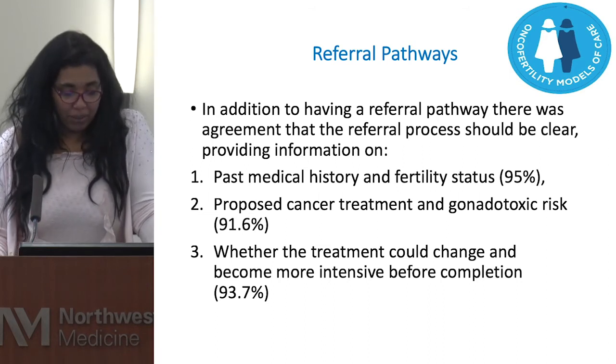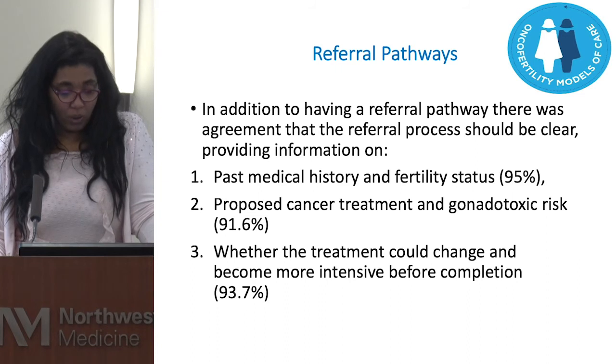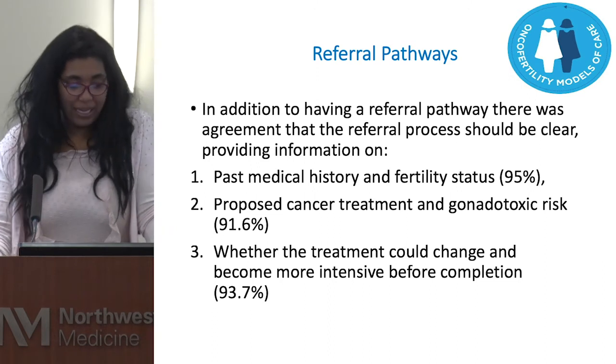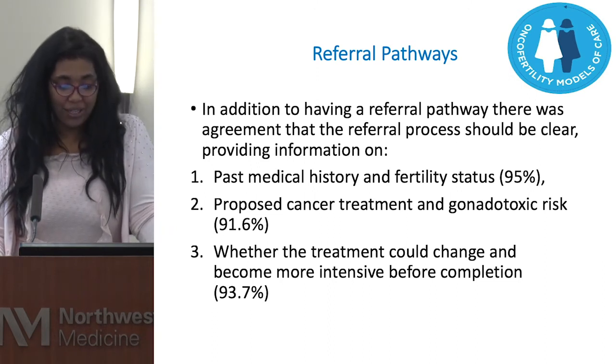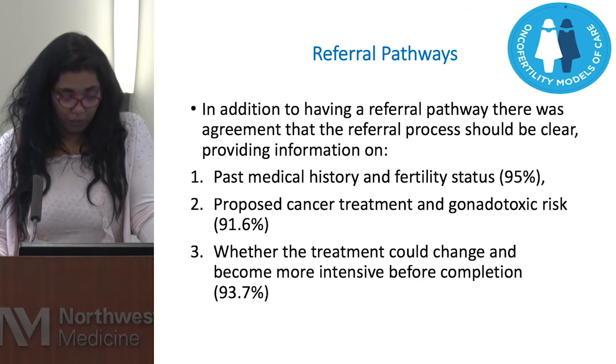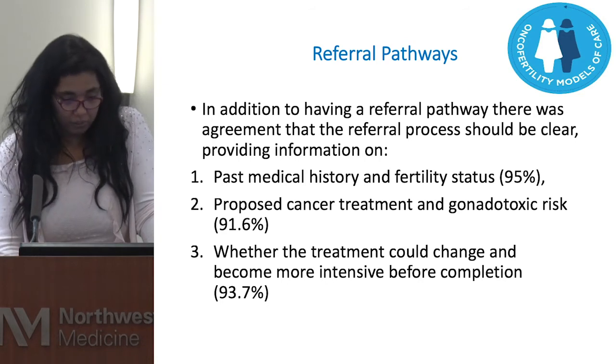So it was really important that was considered, that proposed cancer treatment and gonadotoxic risk was considered, and whether the treatment would change and become more intensive before completion was considered.